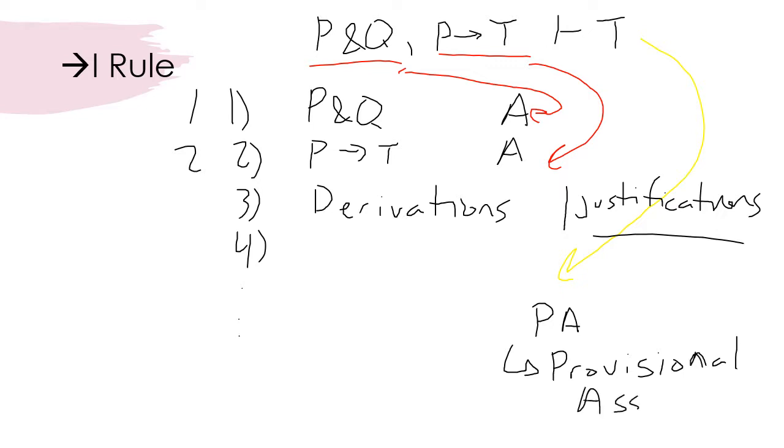This is an assumption that we make prior to starting the proof, or we can make it further down the proof too. It just depends on what we're trying to prove. But the idea of provisional assumption is we say, if this were true, then could we prove what we're looking to prove?